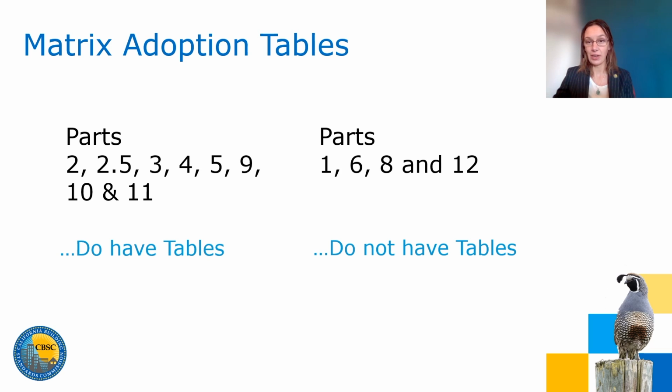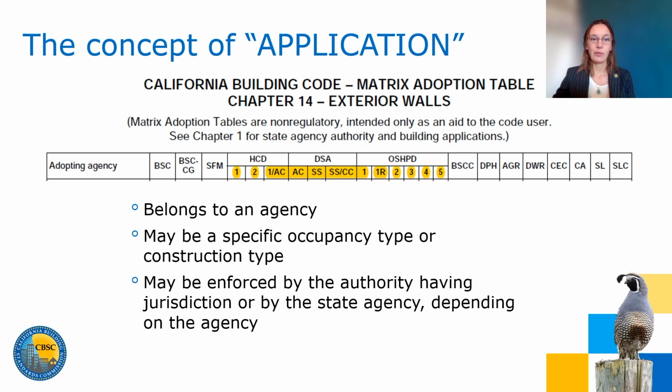Part 11, CalGreen, is California-only code, but has matrix adoption tables because of multiple agency authority. To begin, a code user should be familiar with the state agency acronyms shown in the first row of every MAT. Yellow highlight added to the MAT here indicates applications within some of the state agencies.